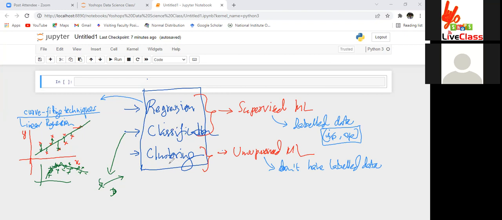So that is classification. When you say clustering, now see, clustering is unsupervised machine learning. You only have the input data available with you. You don't know the label corresponding to those data. So what you do is, you just try to find out similar data points and group them, right?